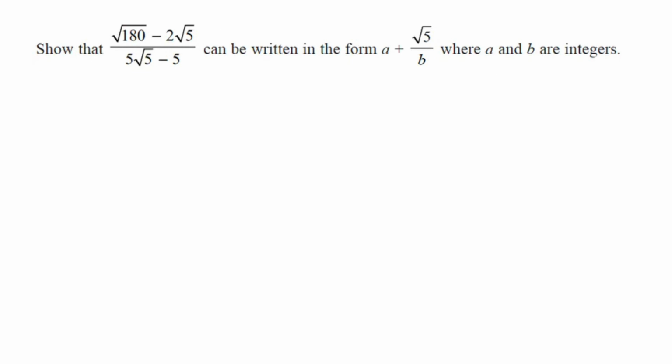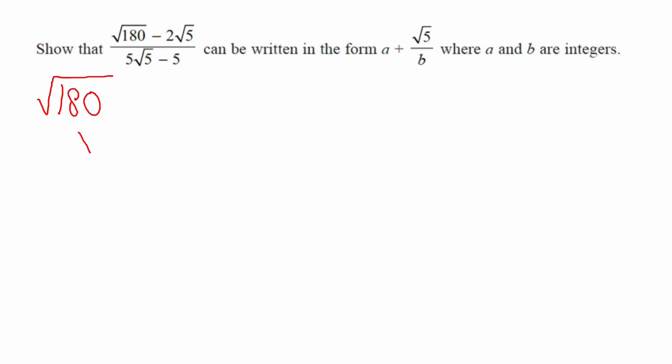So the first thing I would suggest doing is, root 180 is the only surd here which is not in the form of root 5. Now if we can make it in the form of root 5, we are then able to potentially simplify this numerator. So what you're going to do is think of how many 5s go into 180.